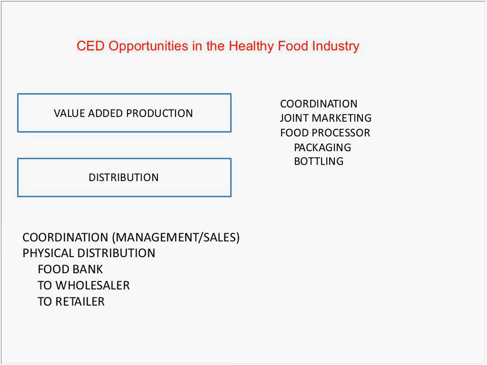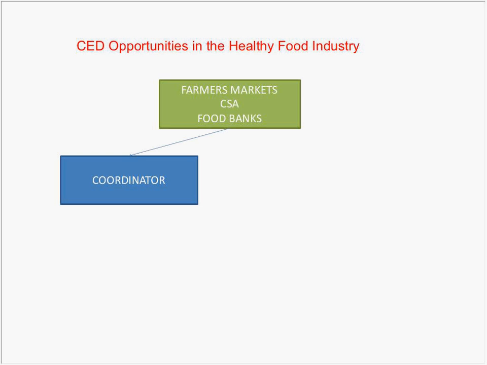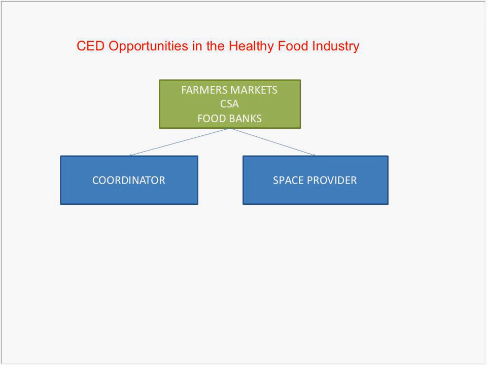All of it creates jobs in a lot of different areas. And in some cases, you might want to even be the small business itself that could be a social enterprise.